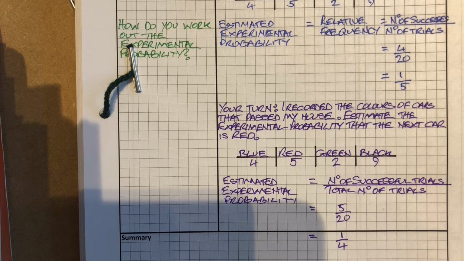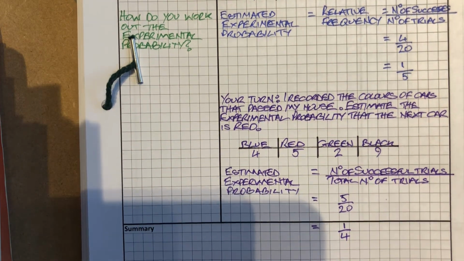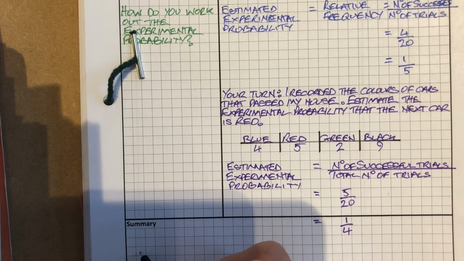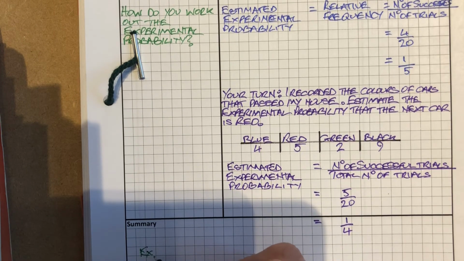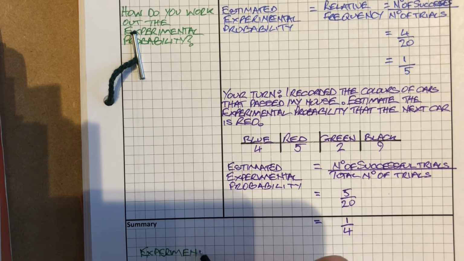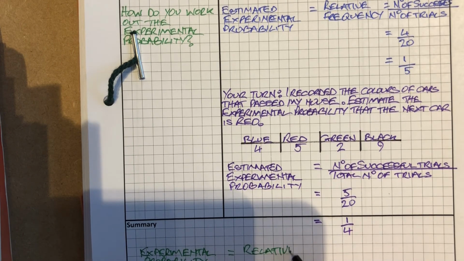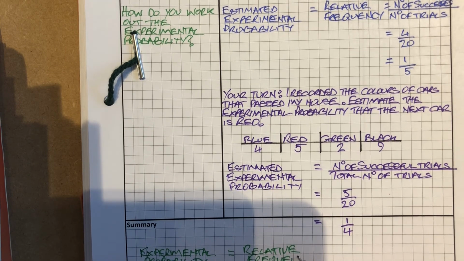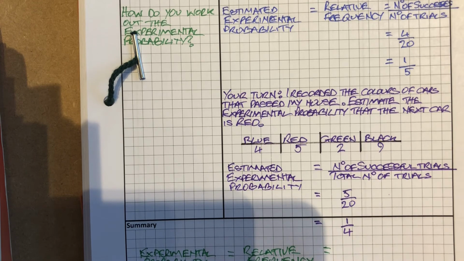All right, so how am I going to summarise this? Well, I'm just going to say again that experimental probability is equal to relative frequency, and that's the fraction of successful trials.